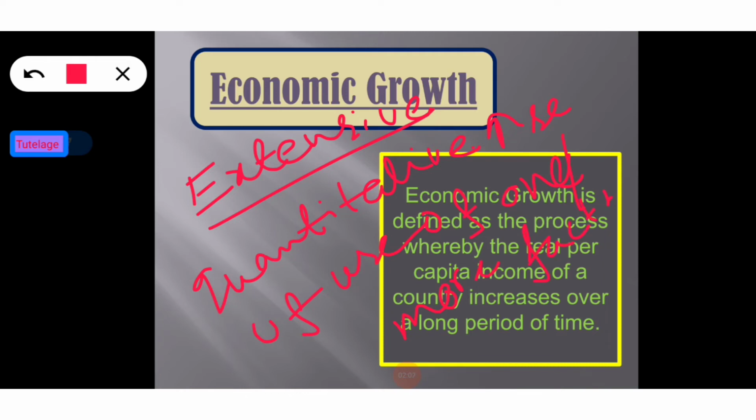Do you know, learner, what are the factors of production? Yes, obviously, land, labor, capital and entrepreneurship are the factors of production. So, extensive economic growth implies the quantitative increase of the use of factors of production.